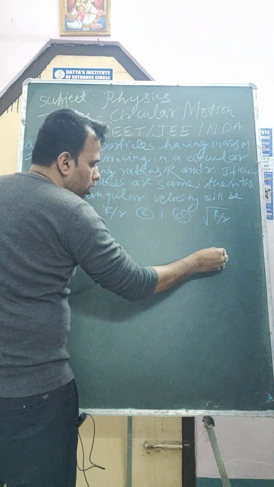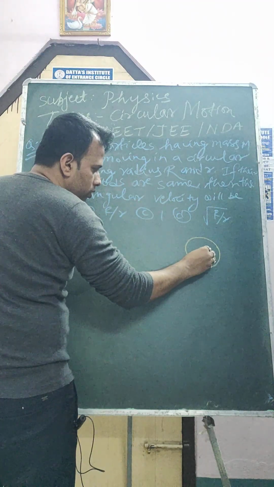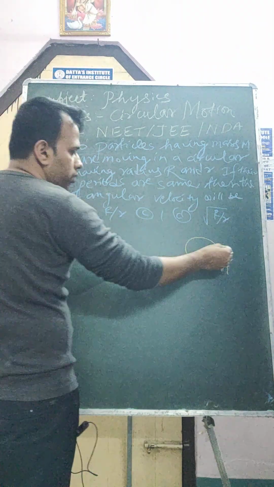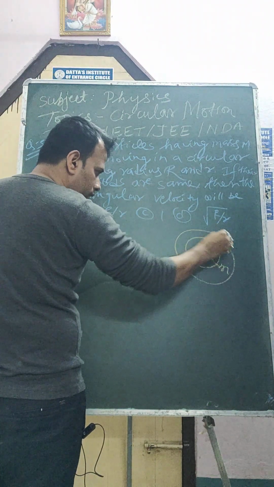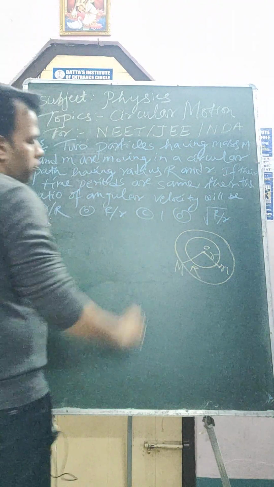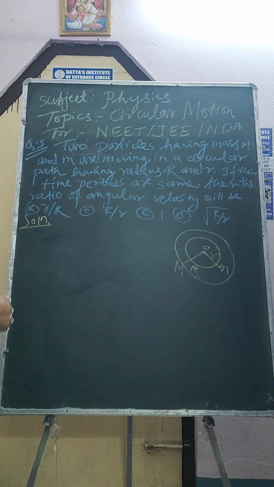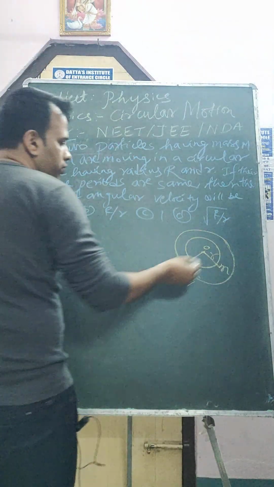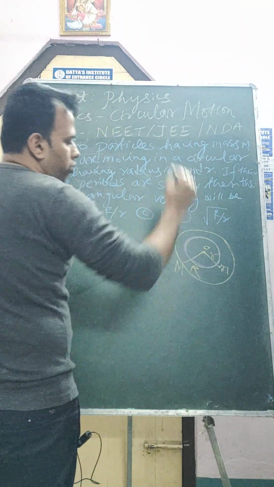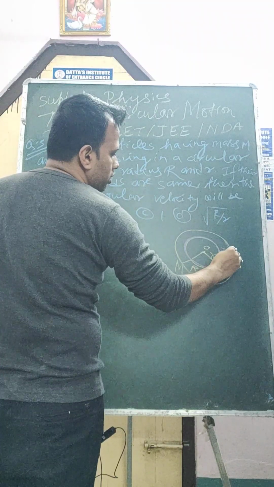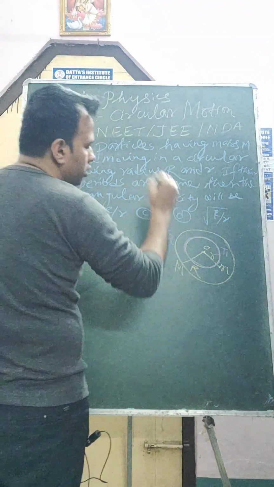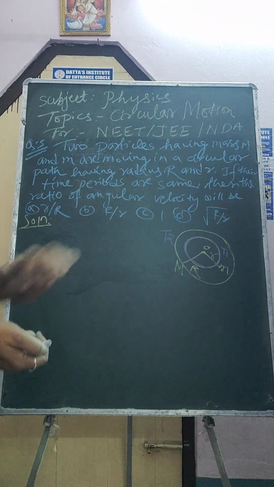Suppose this one is a circular path of radius small r for the body of mass small m, and this one is another circular path from the center. This radius is R and mass is capital M. Now the interesting question: suppose the time period to complete this path for the lighter body is t1 and for body 2 is t2, and interestingly this t1 and t2 are equal.